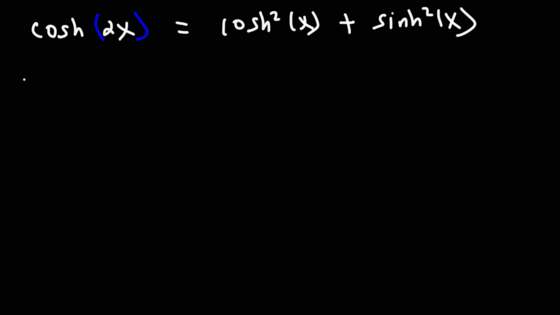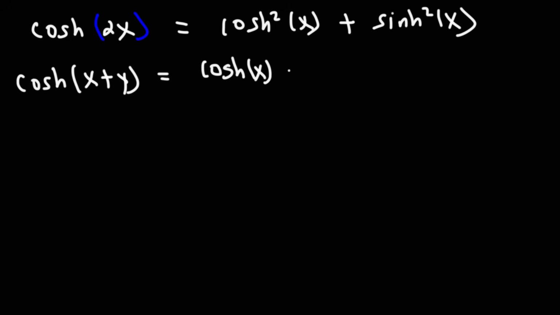So we need to know the sum and difference formula for hyperbolic cosine. And here it is. Hyperbolic cosine of x plus y is hyperbolic cosine of x times hyperbolic cosine of y, and then plus hyperbolic sine of x times hyperbolic sine of y.